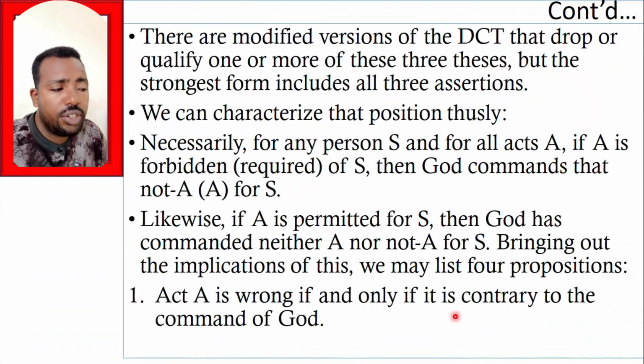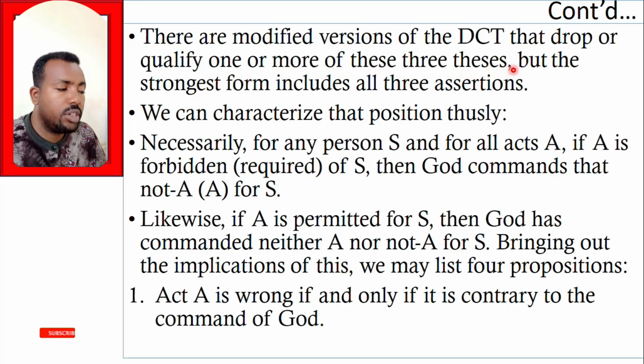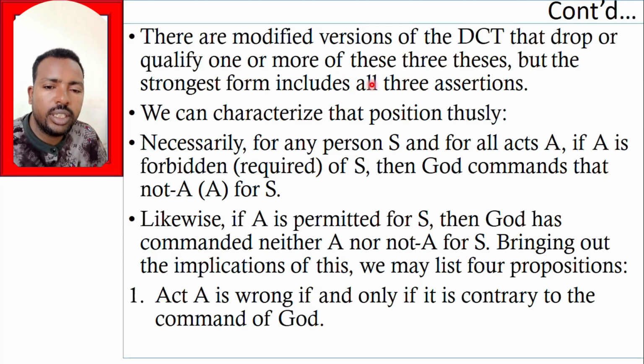There are modified versions of the divine command theory that drop or qualify one or more of these three theses, but the strongest form includes all three assertions. The strongest form of the divine command theory argument includes those three theses that we have seen.